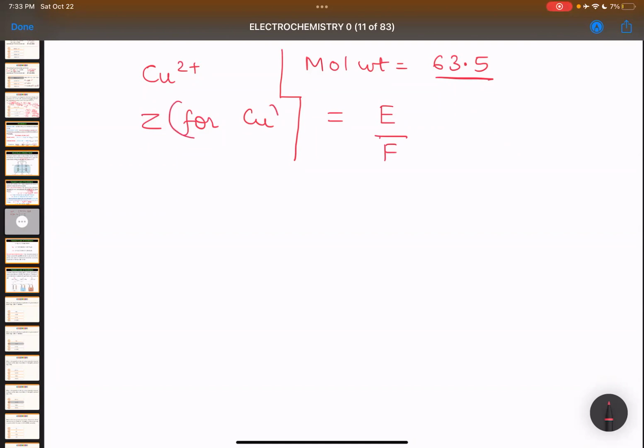Z for copper is the equivalent weight of copper by Faraday's constant. Equivalent weight is the molecular weight of copper divided by N, where N is the number of electrons which copper will take.